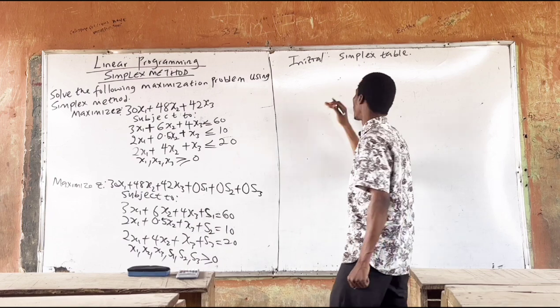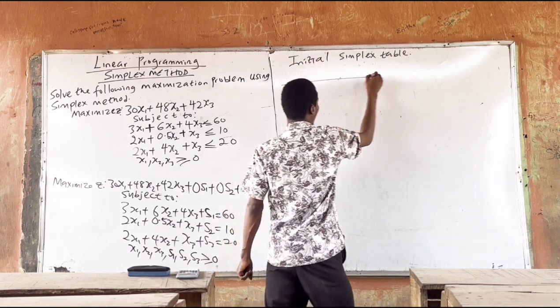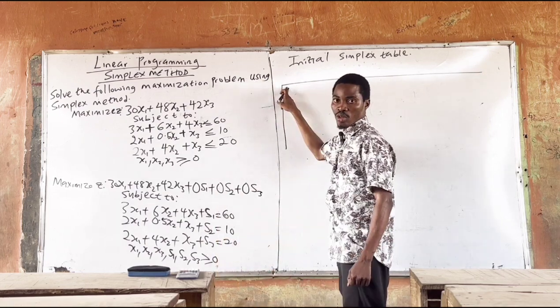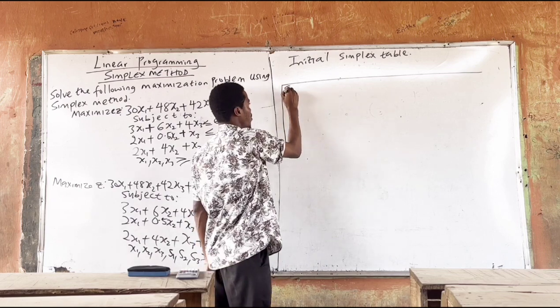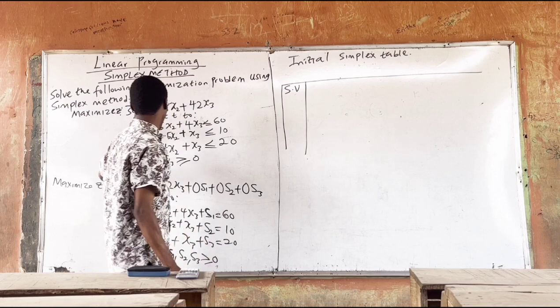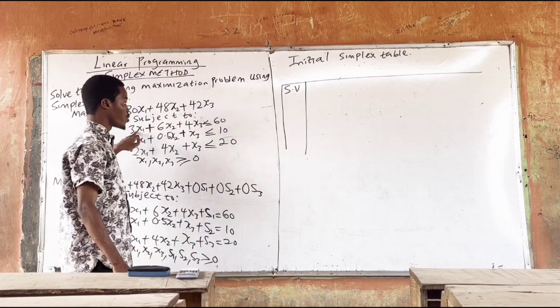That is my first table. Here will be my solution variable, which I will denote as SV. Here will be the coefficients of the objective function and the coefficients of the constraints.